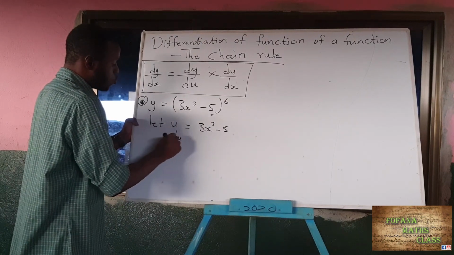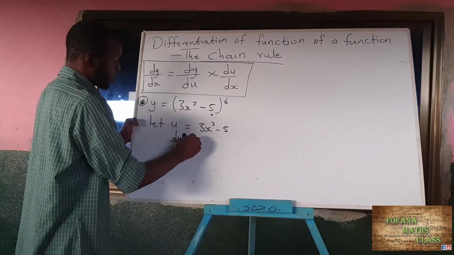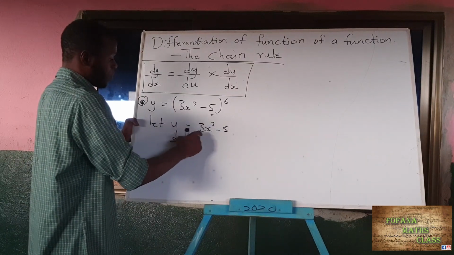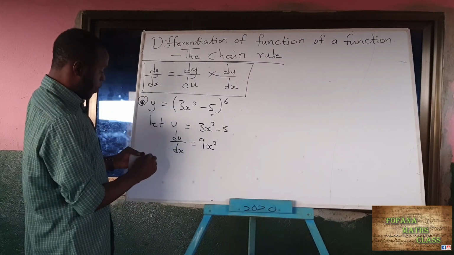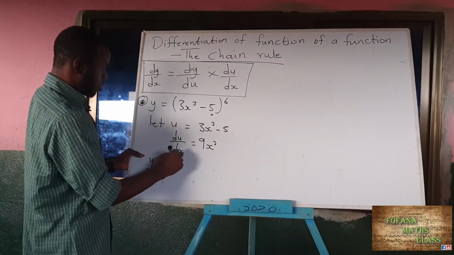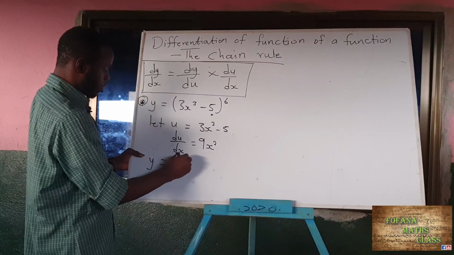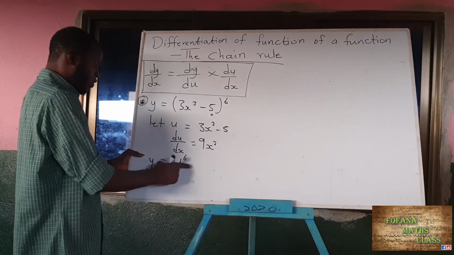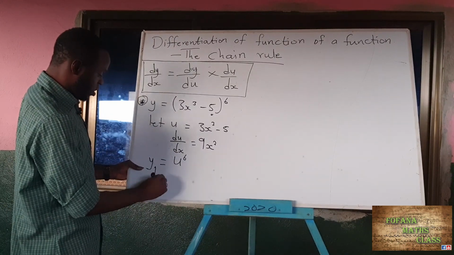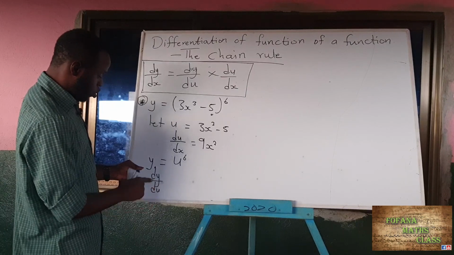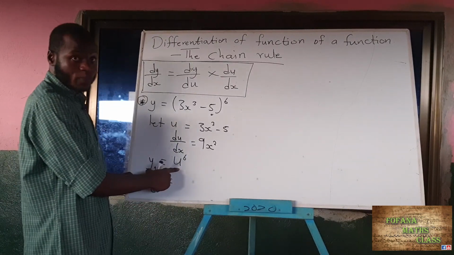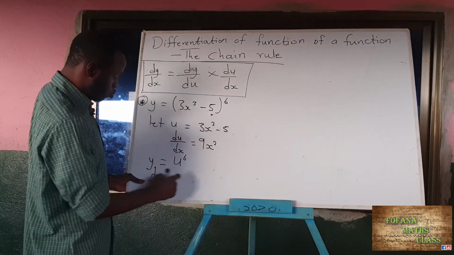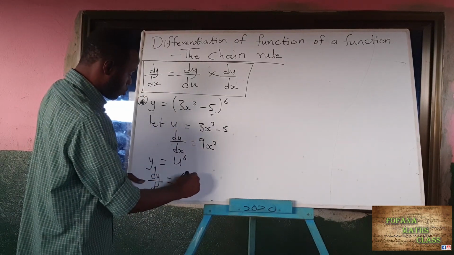So du/dx is equal to 3 times 3, which gives 9x to the power 2. Now our expression becomes y is equal to u to the power 6. If it is u to the power 6, then we differentiate the expression, and because it is with respect to u, dy/du is equal to 6u to the power 5.